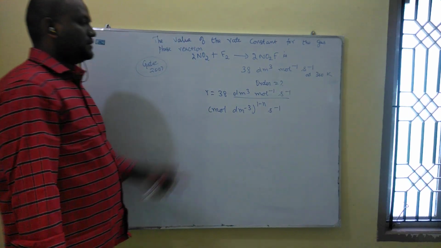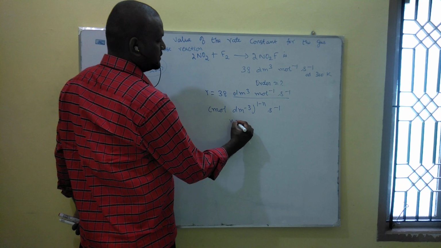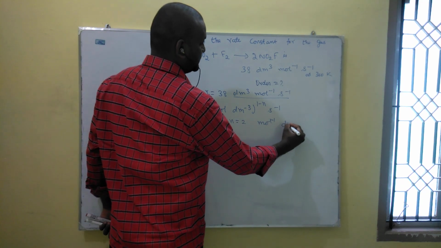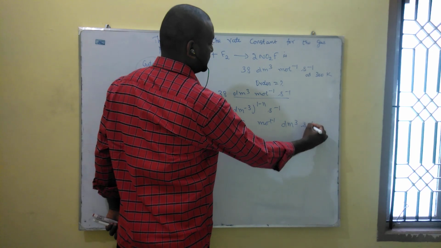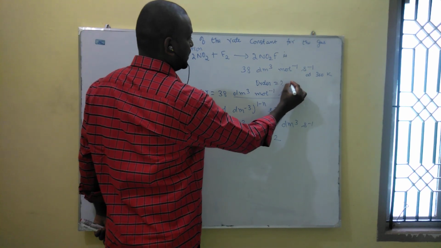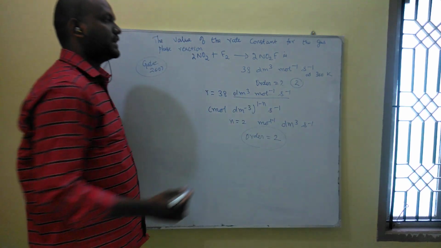So just apply: if n is equal to 2, you will have decimeter cube per mole per second. So the order of the reaction here is 2. This belongs to a second order reaction.